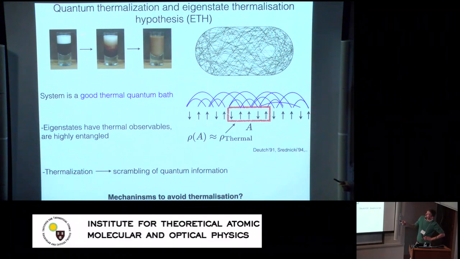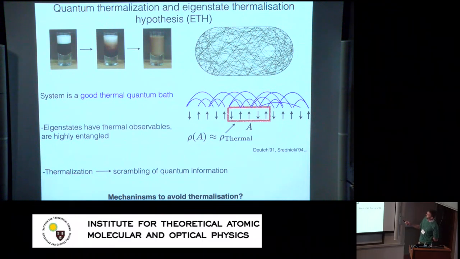So your system finds thermal equilibrium. There is an exchange of energy between different degrees of freedom. This is related to the notion of ergodicity, and this tells you that your system can act as a good thermal bath, good quantum thermal bath.